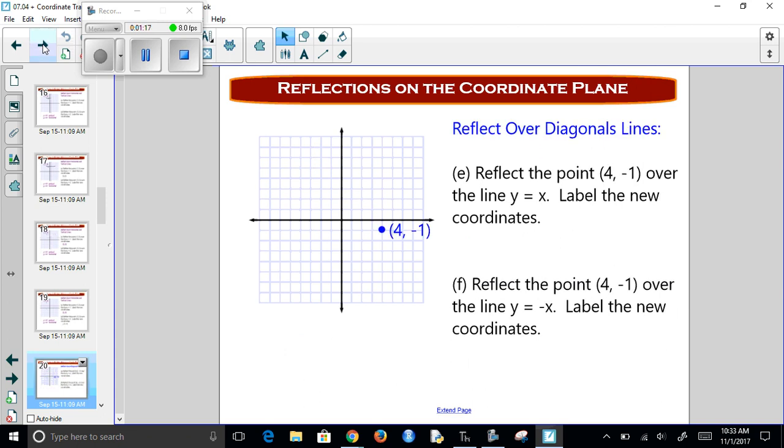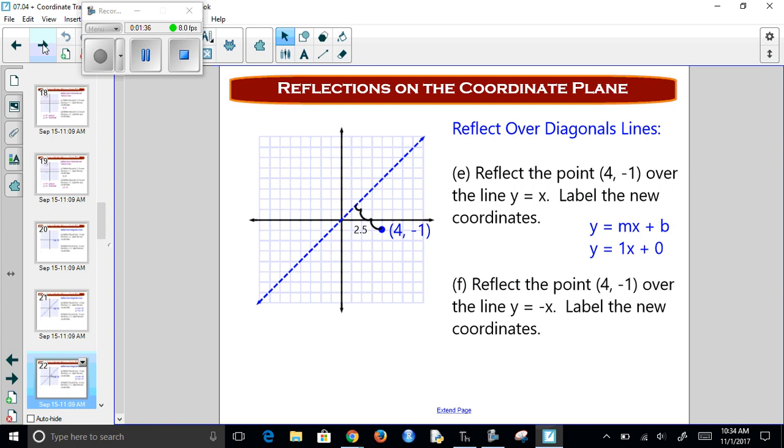It gets a little tougher when we're going to do y = x. The y = x line is a line with a y-intercept of 0 and a slope of 1. It looks like this. So now, when we reflect it over this, remember reflections go over the perpendicular.